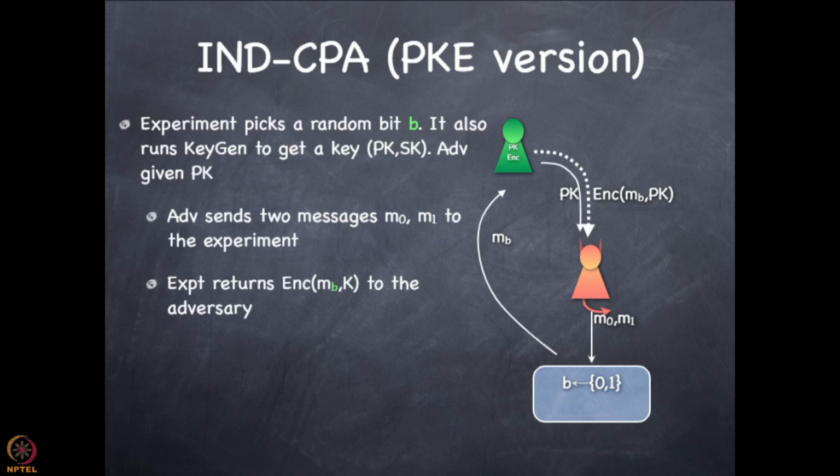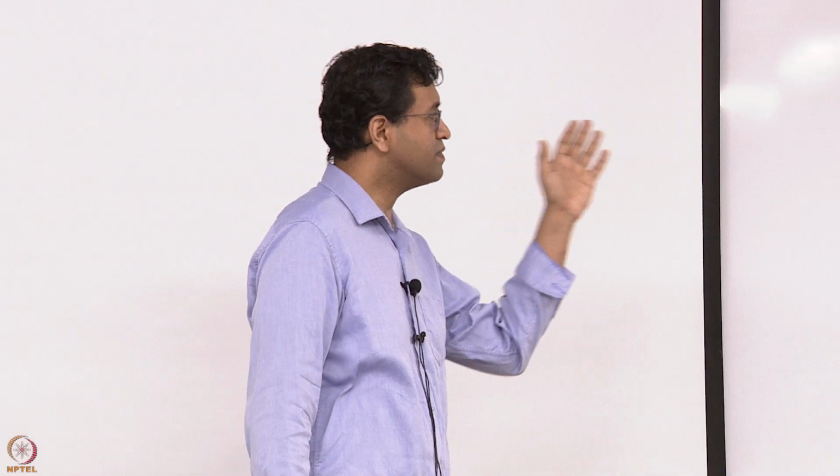That doesn't mean it's the same experiment. But there is an argument you can make to show that if you are secure according to this definition, which has only one ciphertext being created by the experiment, but the adversary can create any number of ciphertexts they want, then it will be secure against an adversary who can also, in an experiment, query M0, M1 as many times as it wants.